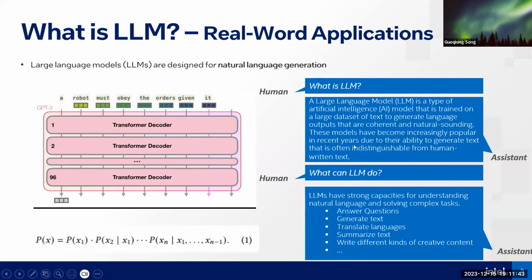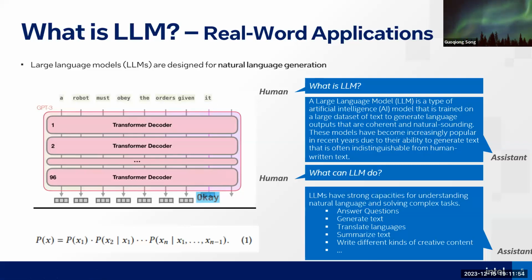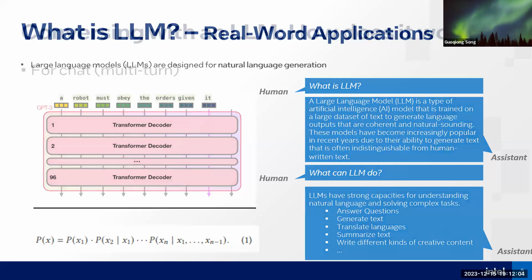Okay. So what can large language models do? They have strong capabilities for understanding natural language and solving complex tasks, such as answering questions, generating text, translating languages, summarizing texts, writing code, and a lot of other creative content.